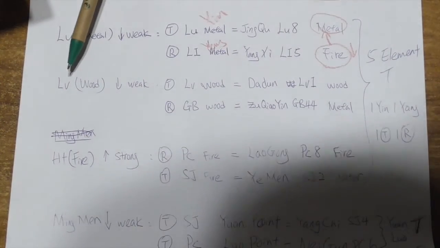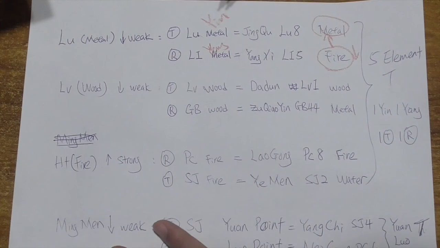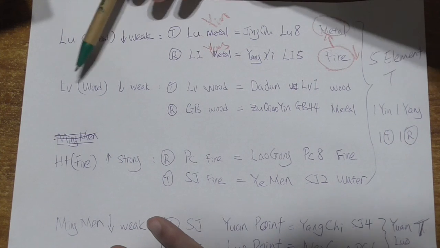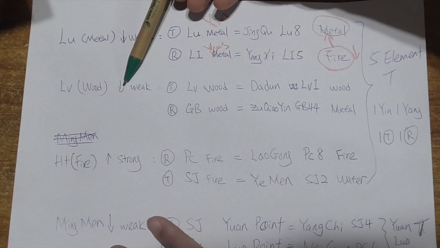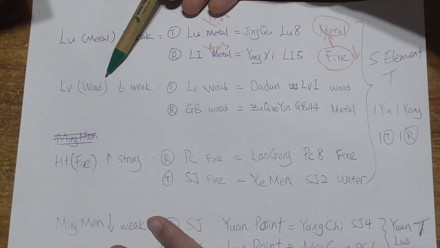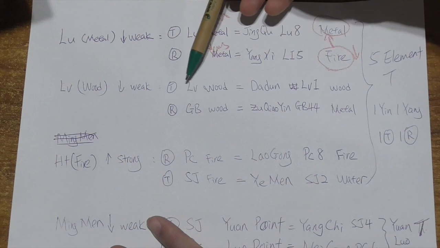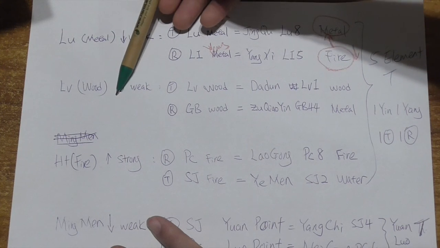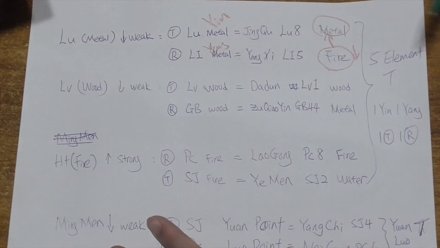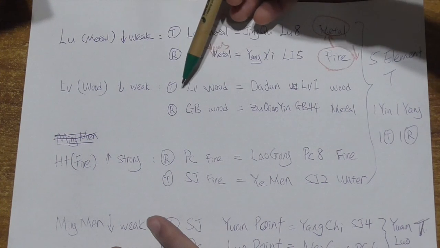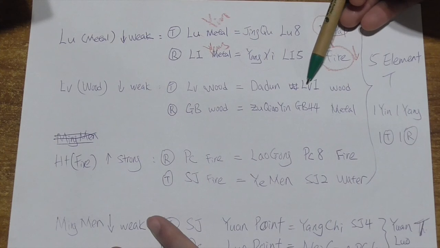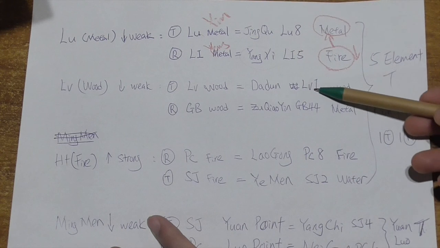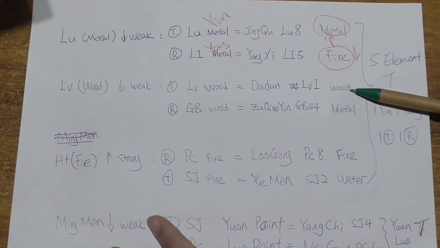Now with liver, if after the pulse diagnosis you figure out the liver is too weak, you're going to tonify the liver meridian. So liver is wood. When wood is too weak, bring wood up. Go to 大敦, liver 1, because liver 1 belongs to wood.